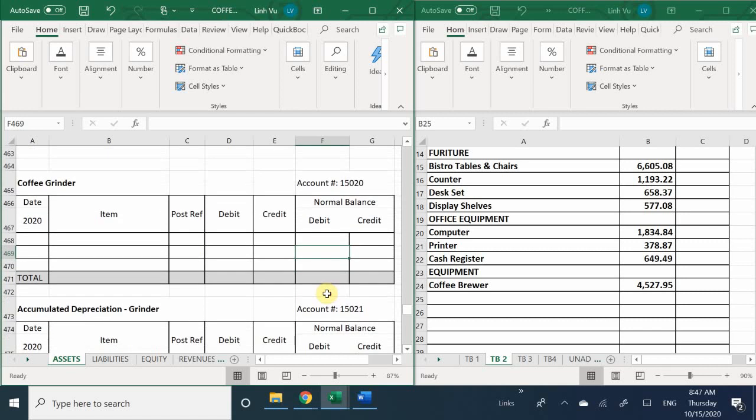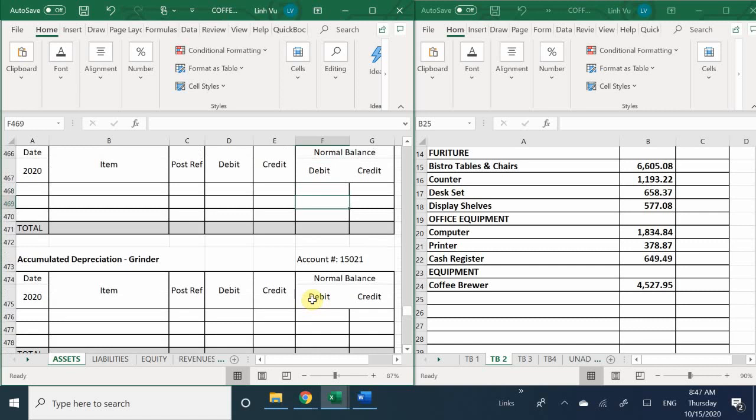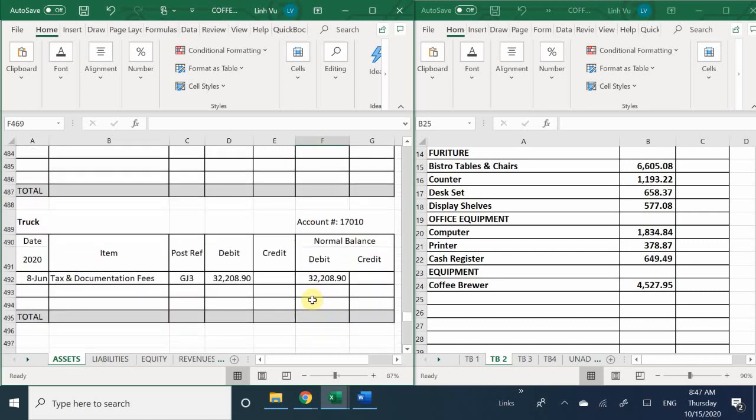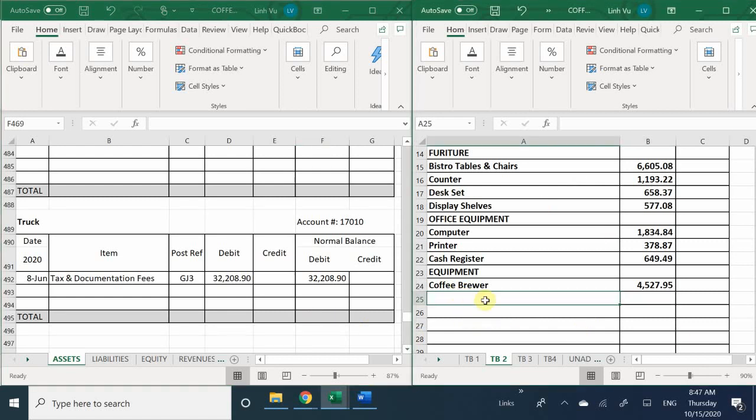After that, the next thing we should see is vehicles. In this case, we have a truck, and my truck is worth $32,208.90.